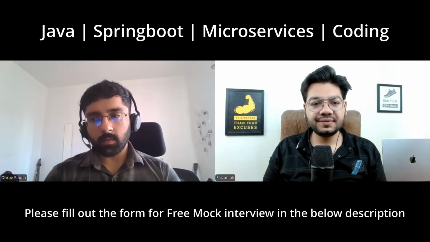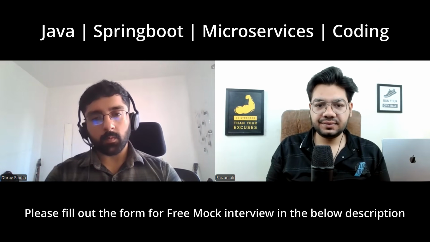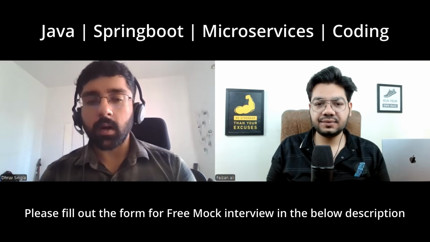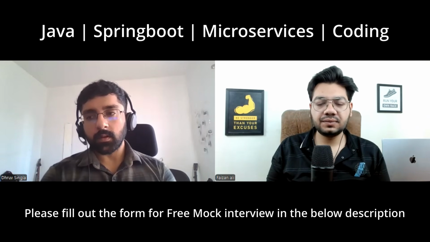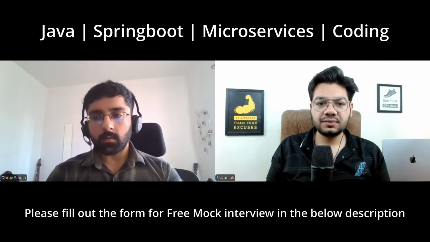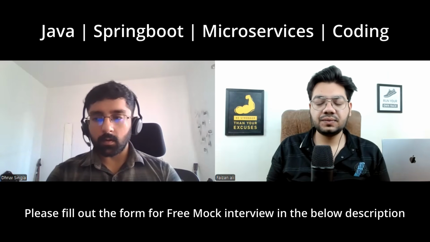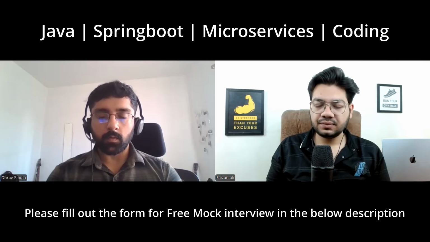So coming to the five important annotations that we use, first of all is @SpringBootApplication. It's the starting point of how the Spring Boot application starts up. Then coming to the controller, service and repository architecture, we use @RestController.